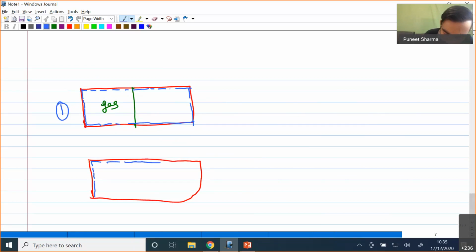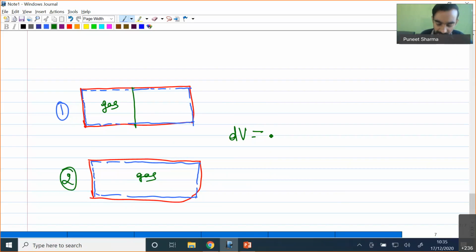The system boundary is not changing. The system boundary is as it is, and this whole system is filled with gas. So this is my state number 2. In this case, our system boundary has not changed, so dV is equal to 0. Whatever changes are happening are within the system, there is no interaction across the boundary, and the boundary is not changing. So under this circumstance also, if I do integral of P dV, that will be equal to 0.